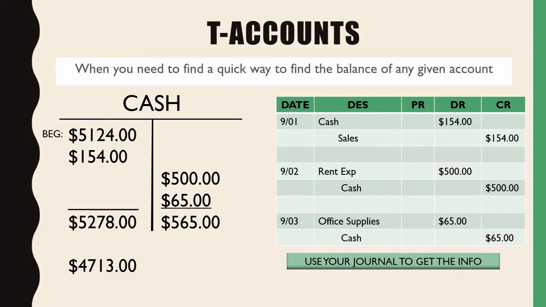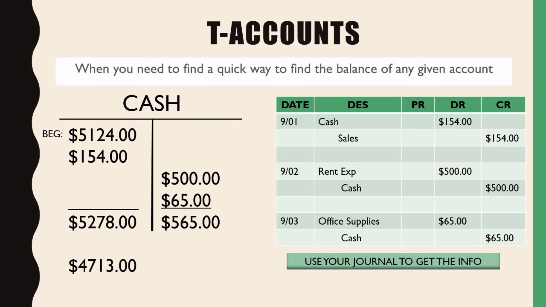Right? T accounts. Now, T accounts are just a short way of summarizing the quantities you have, or figuring out what account balance you have in each of your journals. What you're going to learn here is that we have two different types of books, a journal and a ledger.